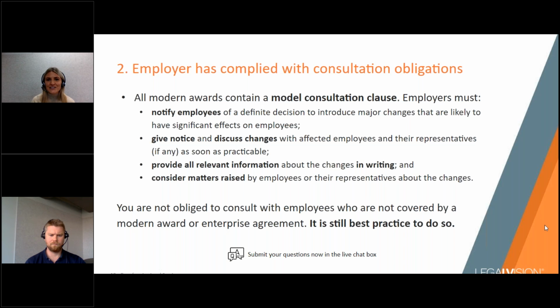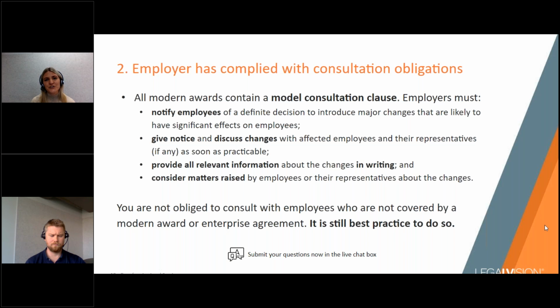Now, under these consultation obligations, employers are required to give notice and discuss the proposed changes with any affected employees and their representatives, such as a union, for example. And they're also required to provide all relevant information about the changes to the employees in writing.